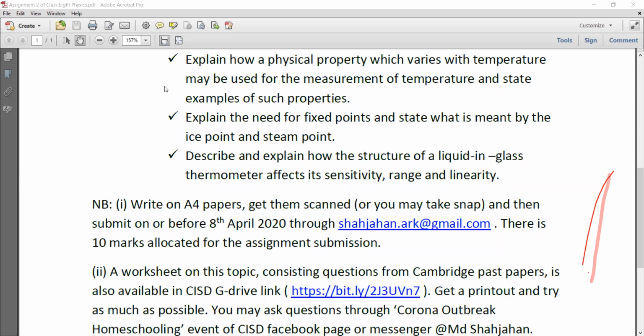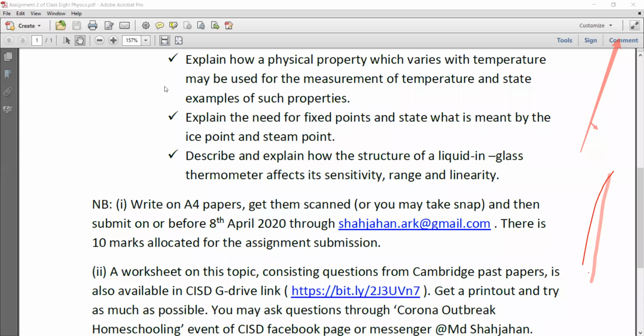For example, if we give 5 degrees Celsius of temperature from outside, for this thermometer the liquid level will rise this much only. You see, a smaller length, right?